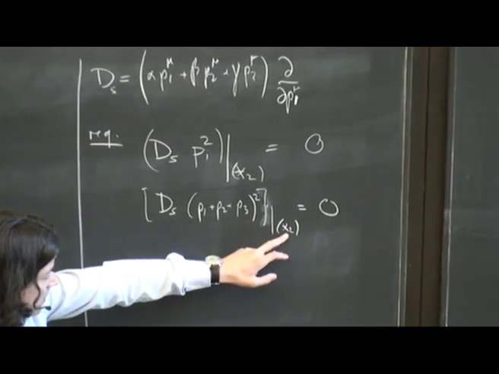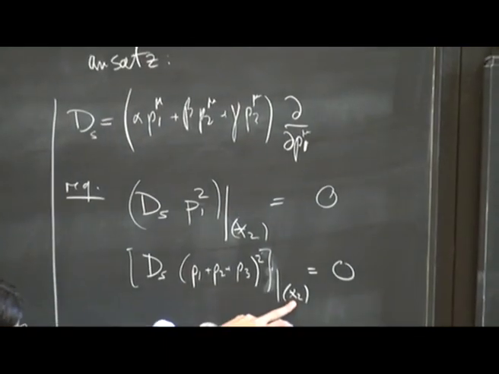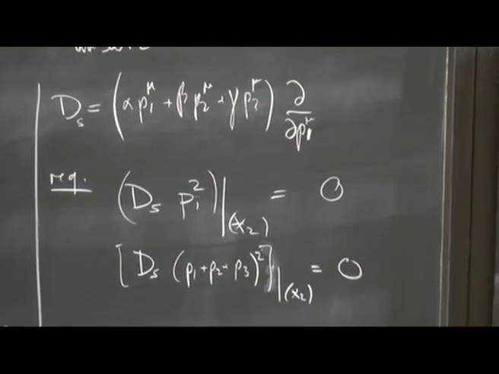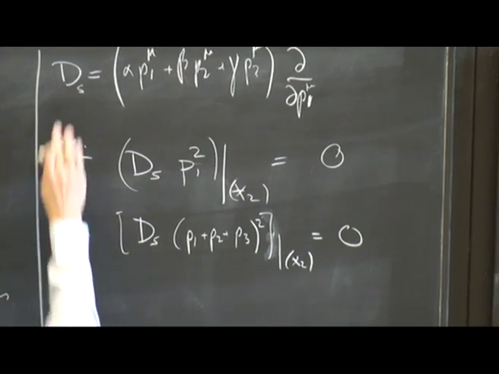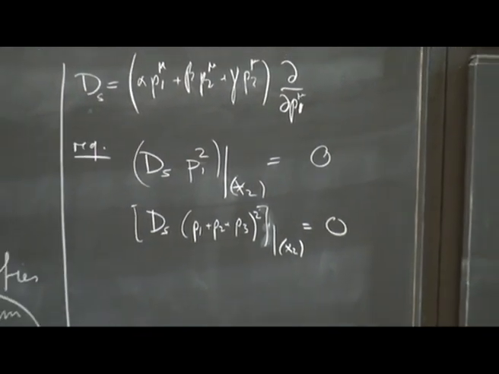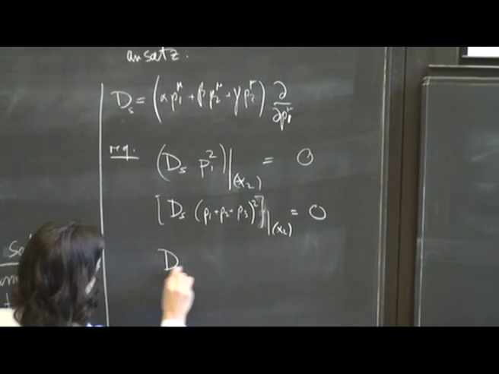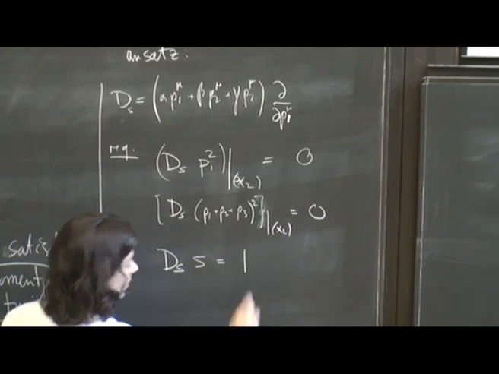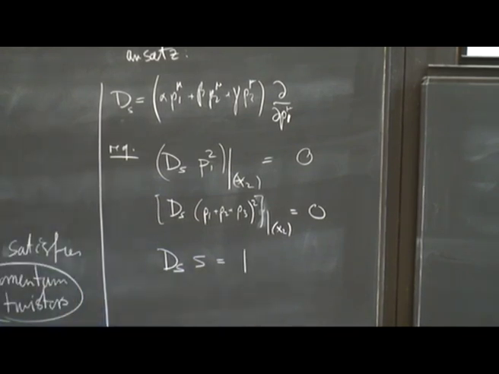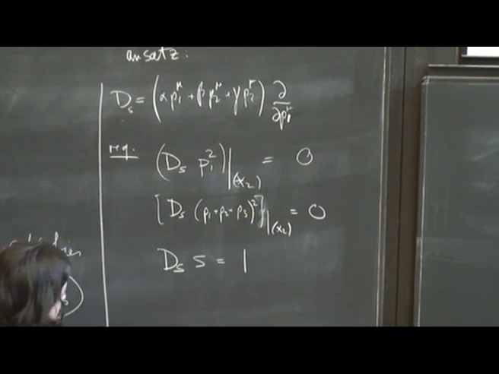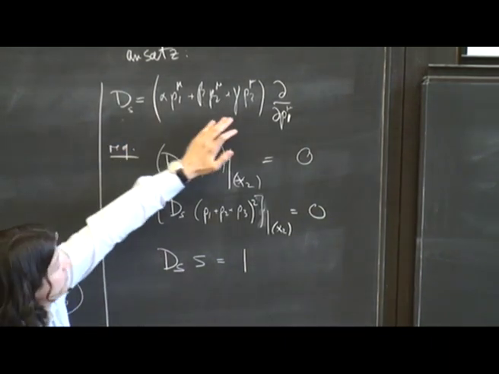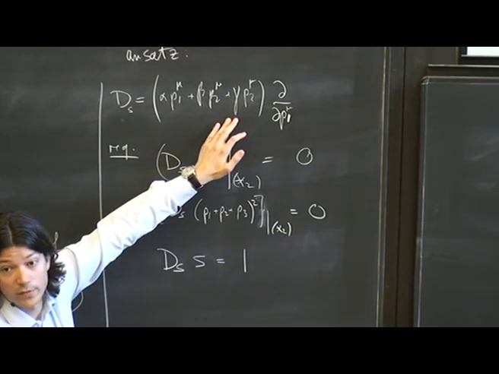So I wrote this index here just to remind you that after differentiating we're allowed to use the constraint equation. And then finally we want this to be a derivative with respect to S. So let's choose some normalization condition so that it will indeed be a partial derivative with respect to S. Of course, you can just set up these equations, and this will give you some solution for alpha, beta, and gamma.